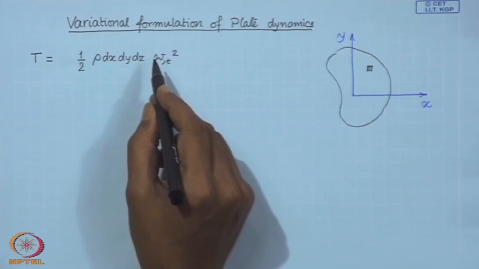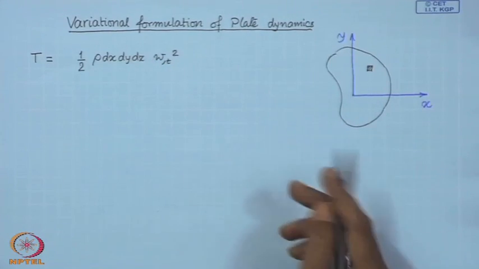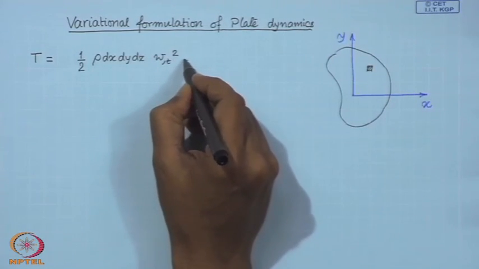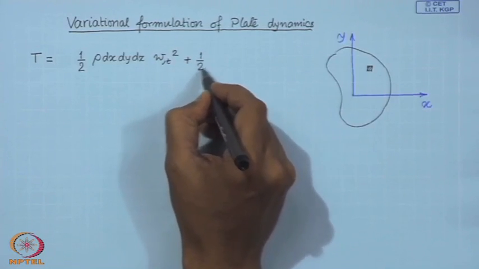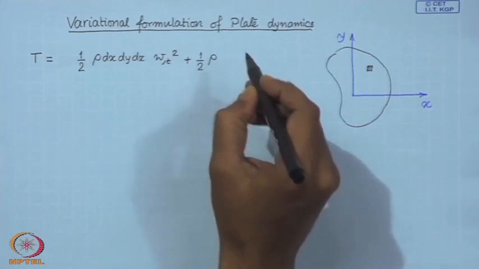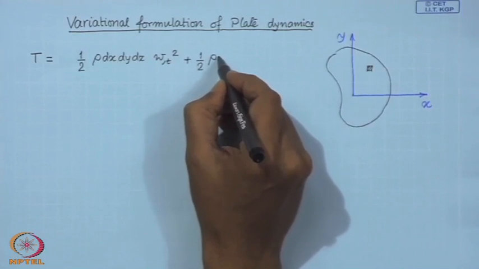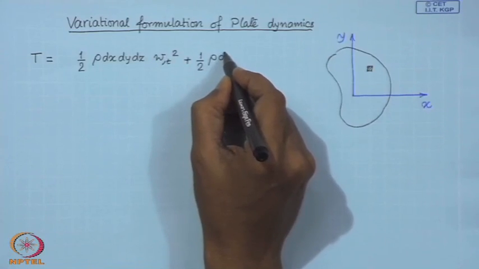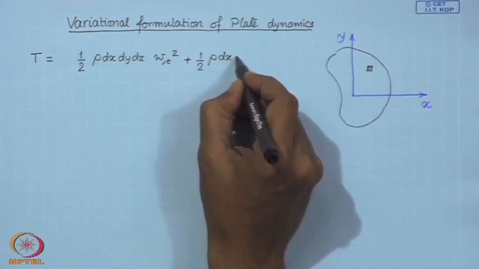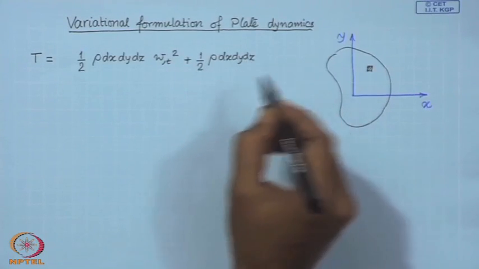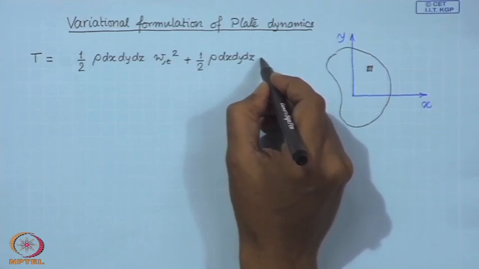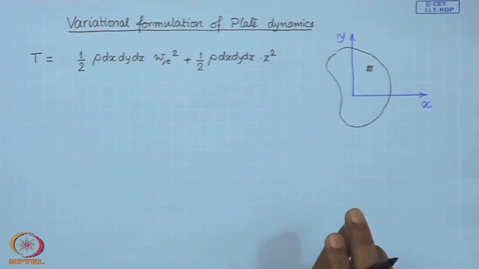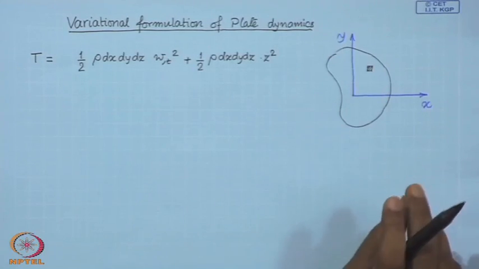Now, if you want to consider the rotary inertia, then in addition to this you have 1/2 rho, the mass times z square. So, mass times the distance from the neutral plane square.